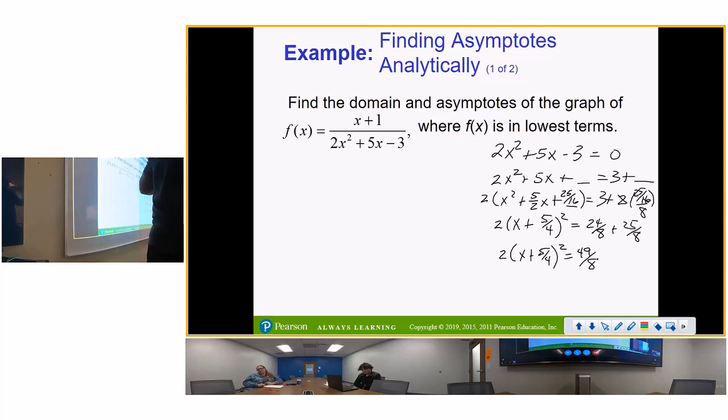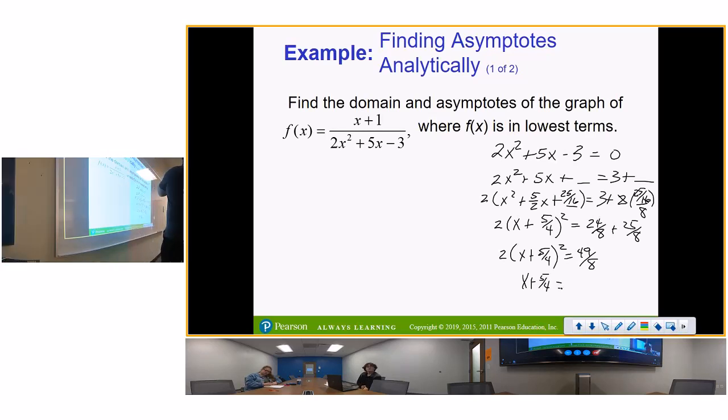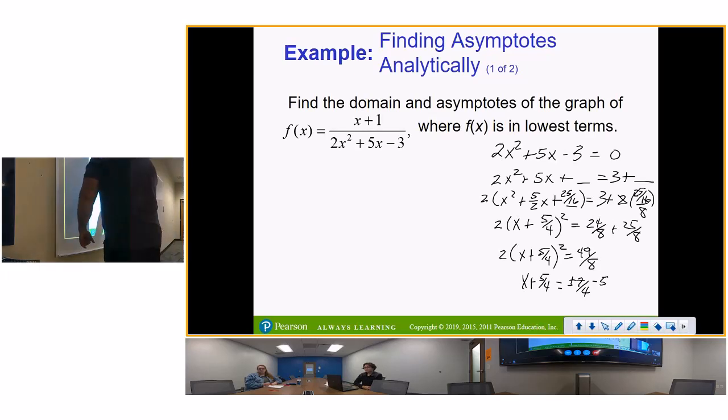You just want the x what? Intercept. You want the vertical asymptotes, yes. So divide by 2, you get 49/16. X plus 5/4 is equal to the square root of 49/16, positive or negative what? 7/4. And then bring that 5/4 over, it'd be a negative 5. So what's 7 minus 5? 1/2.